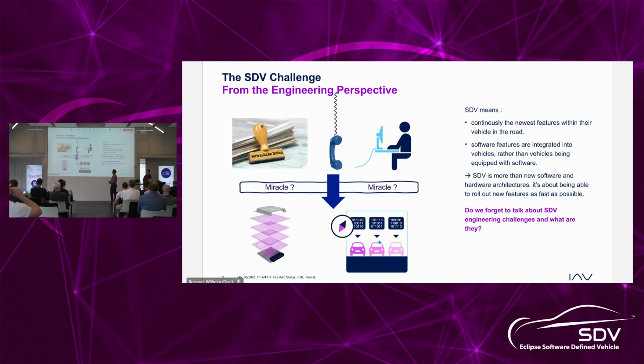So yes, we do need new hardware and new software architectures. But is this the key? I hear the words Chinese speed. Do not use this to get these features to the customer.